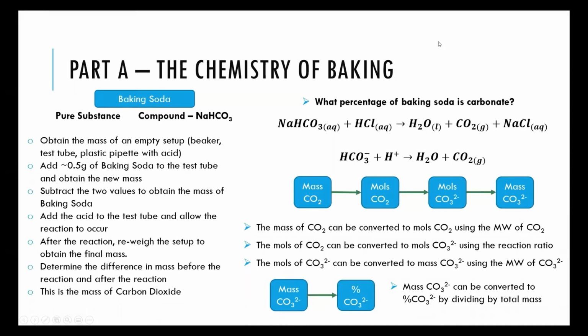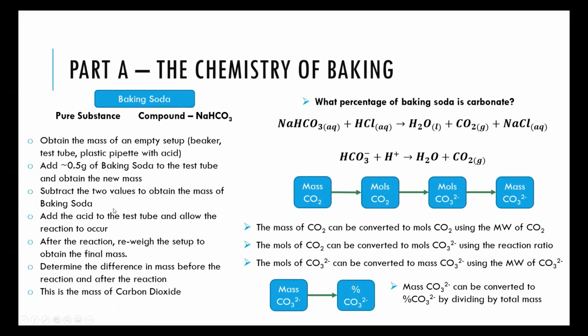So in the first part of the experiment, looking at the chemistry of baking, you're looking at baking soda and baking powder. Baking soda is a pure substance. It's a compound, 100% sodium bicarbonate, NaHCO3.